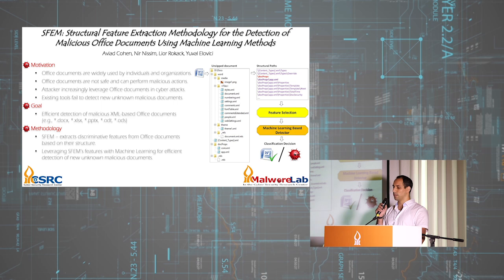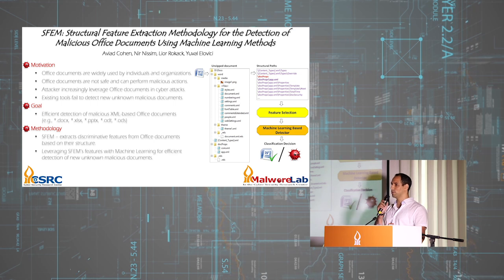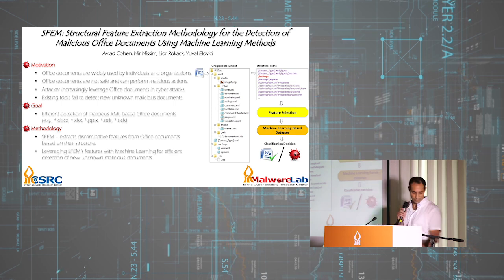Yes, office documents can be unzipped. And you can see a directory which is built hierarchically and contains files and folders. Part of them are XML files which are also hierarchical. We convert them to structural paths which we consider as features, select the most prominent features, and train machine learning algorithms. To hear more, come to see the poster.